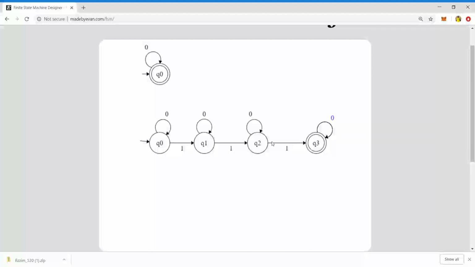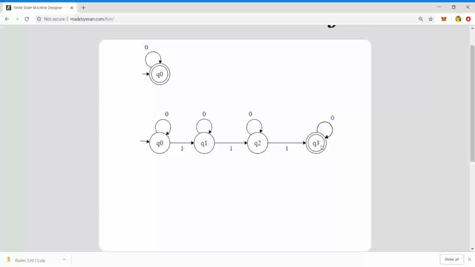So for further ones, we need to consider the back transitions again. Why? You just see here Q1 marks that the first one has been encountered in the string. Q2 marks the second one has been encountered, and Q3 marks that now the number of ones is a multiple of 3, or divisible by 3.